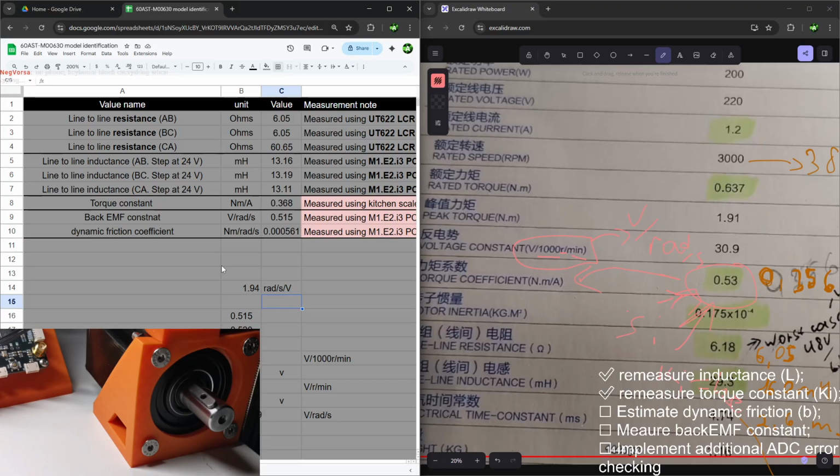Multiplying by square root of 2 makes sense only if we would like to get an expected sine voltage amplitude current, because the effective RMS value is amplitude value divided by square root of 2.